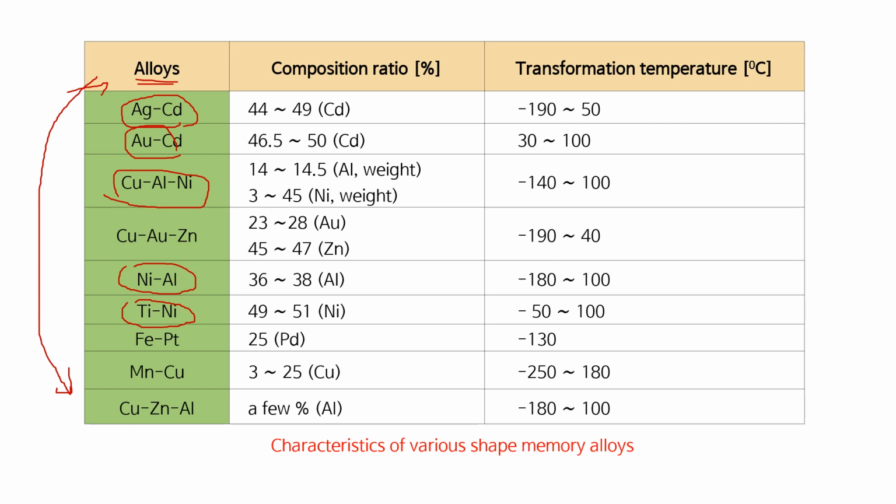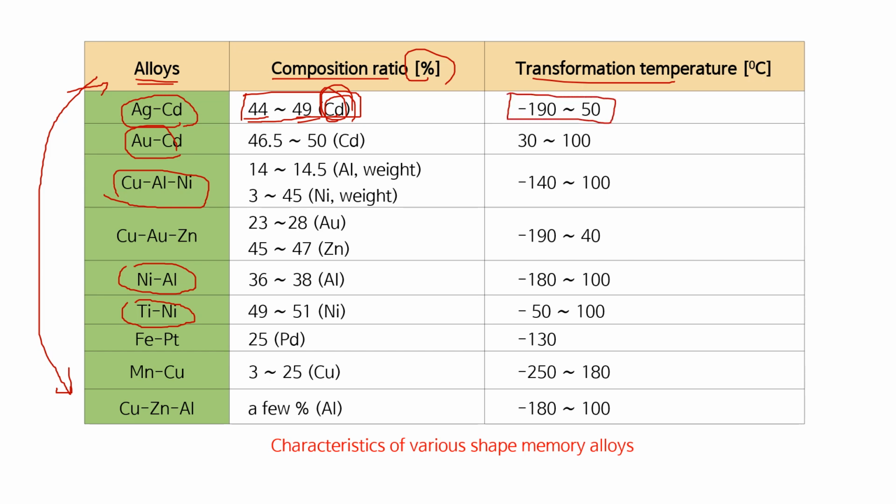And this column shows the composition ratio. Cadmium is 44 to 49%. If we change this range for cadmium, then the transformation temperature changes in this range.